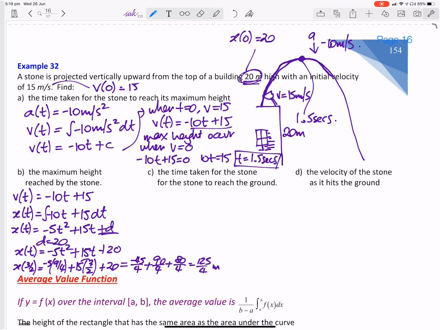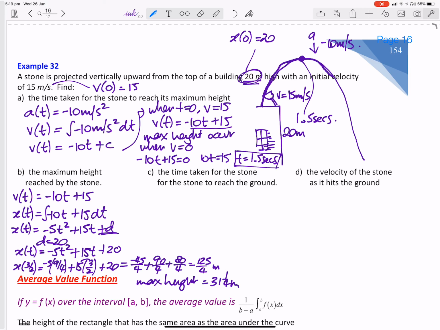That's the max height. How many 4s go into that? 25, 31 and a quarter. So that's the maximum height, is 31 and a quarter meters.